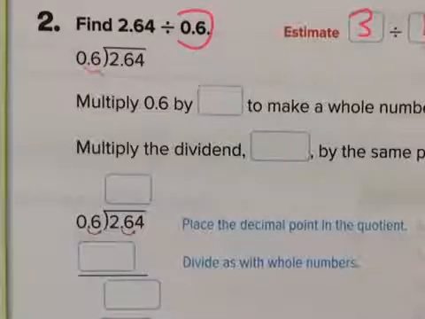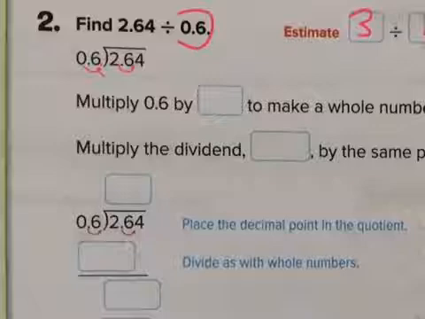So when we move it once on this side, we must do the same thing to our dividend. Whatever you do to one side, you must do to the other, just like fractions. So now that we've made this a whole number, this one became 26.4, and the next thing you do is place the decimal right at the top, and now you're ready to work. You're ready to just check to see how many 6's are in 26.